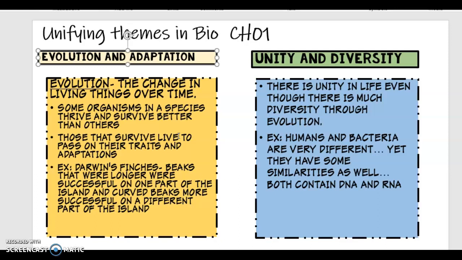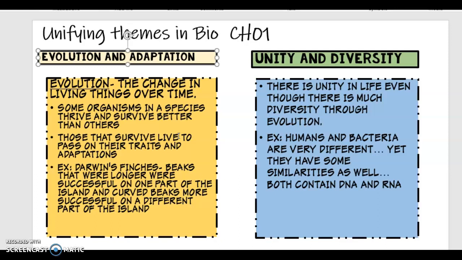And so one type of finch was much more successful in one environment versus the other. And those differences in beaks come from evolution and adaptation and changes in genetic material or mutations.